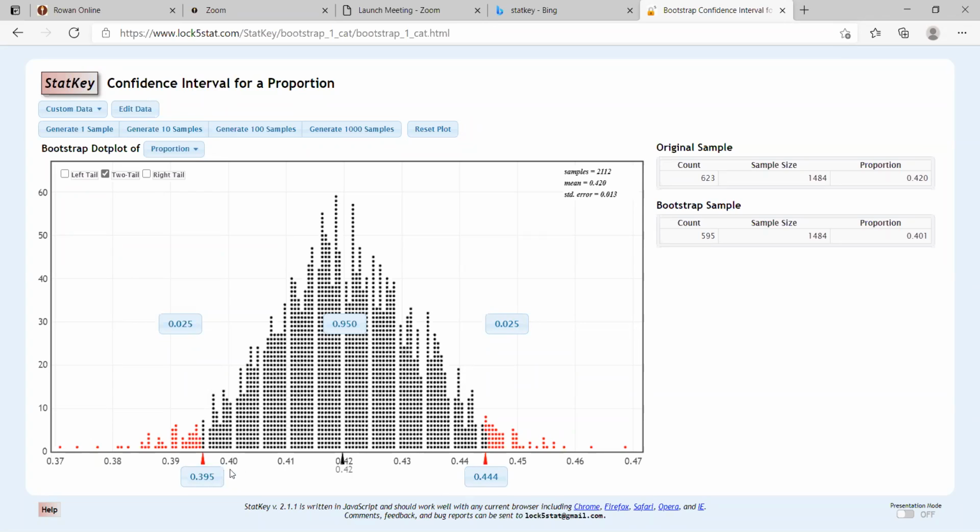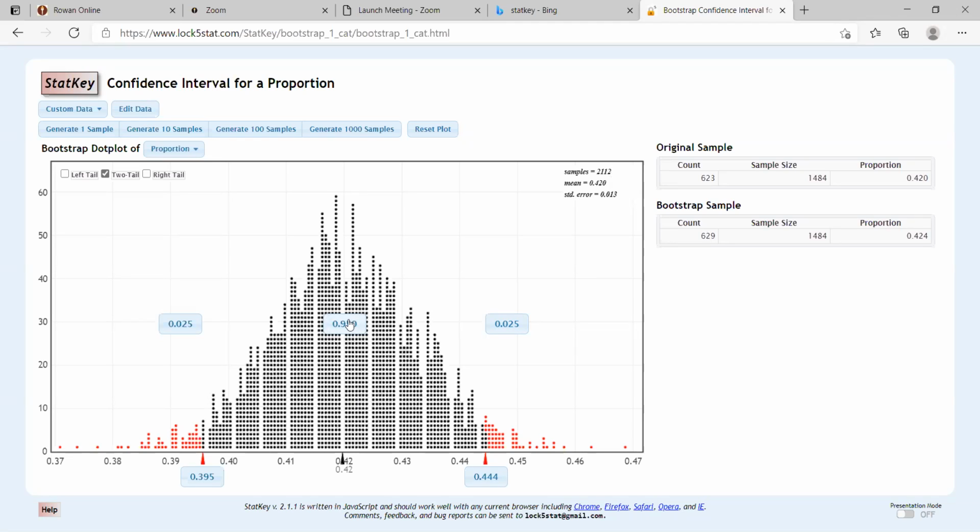All right. So this 95% confidence interval, notice it's done completely differently than when we did it with our calculator before with the traditional way of creating a confidence interval. Notice in this case, we created all these dots, and then a 95% confidence interval is just 95% of the samples. 0.95 times 2112 gives us the number of black dots. And by the way, the number of red dots would be the remaining dots, right?